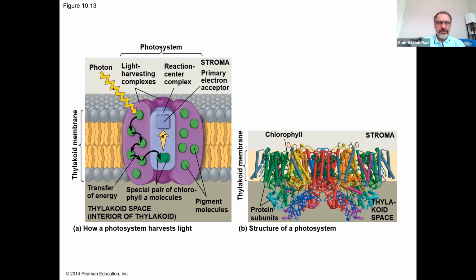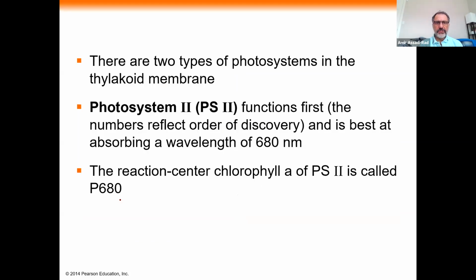What happens is a photon from the light comes in and activates some electrons, and the photosystem harvests light. You should know that photosystem 2 right here harvests light, and of course it is in the thylakoid. There are two types of photosystem in the thylakoid.